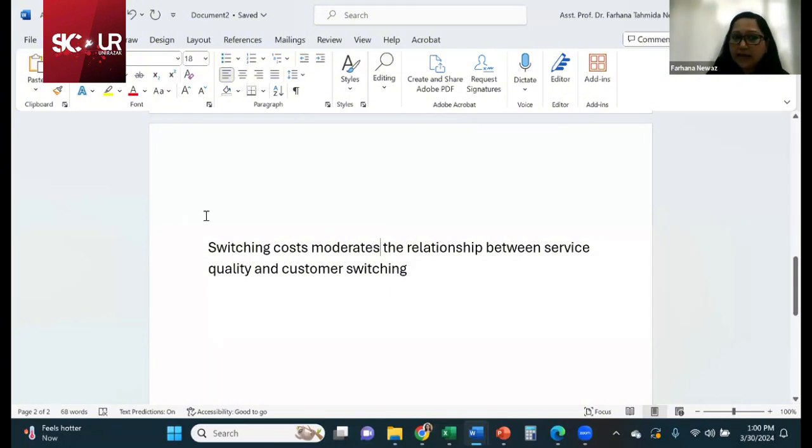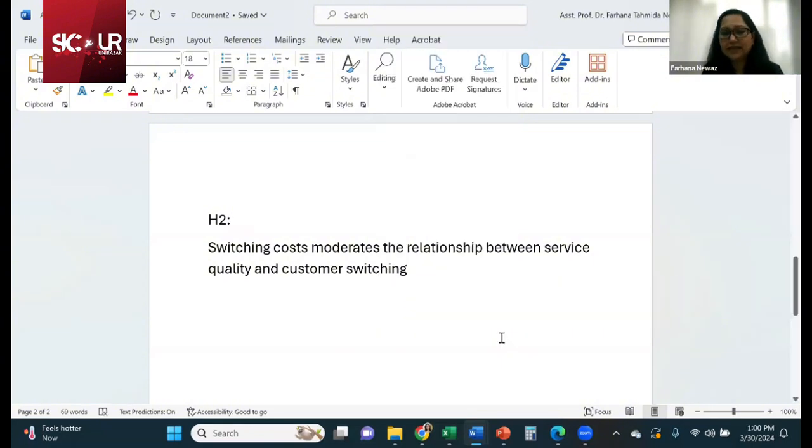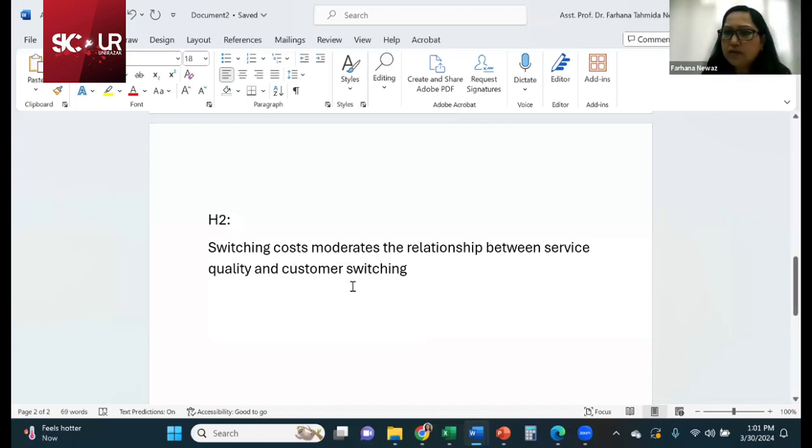But when writing Hypothesis 2 for the second exercise, just write: customer switching cost moderates the relationship between service quality and customer switching. That's it. Makes sense, right? Whatever moderator you use, put it this way, then give more details in the explanation.